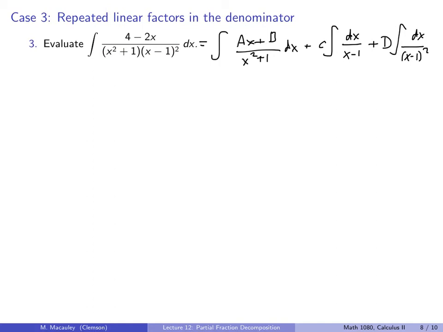And we had that a was equal to 2, b was equal to 1, c was equal to -2, and d was equal to 1.